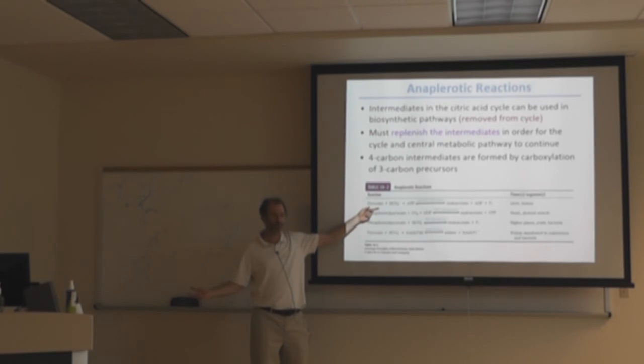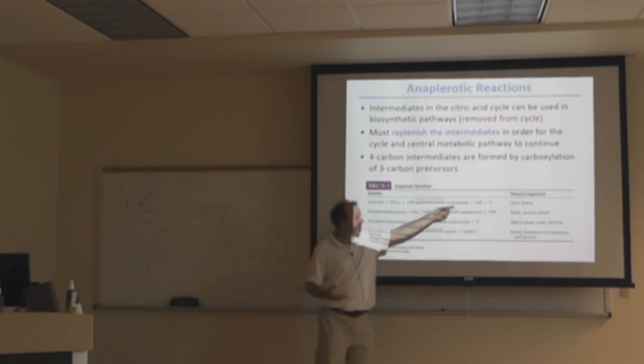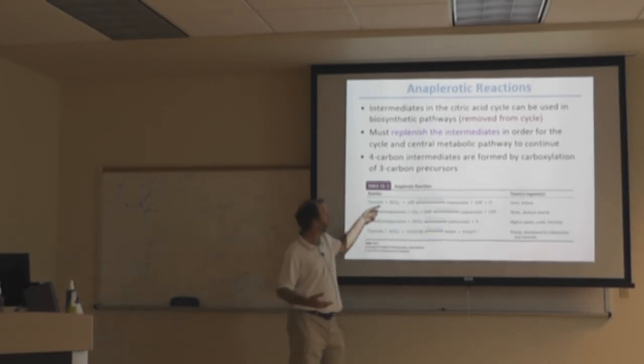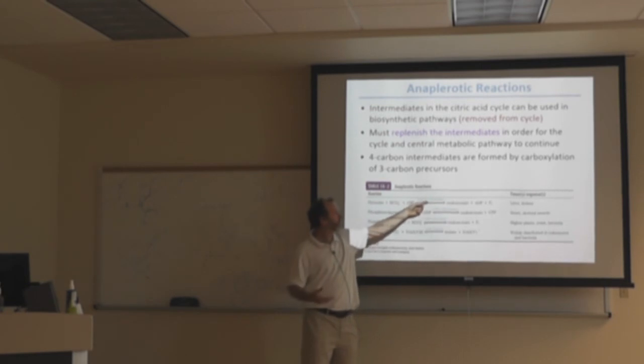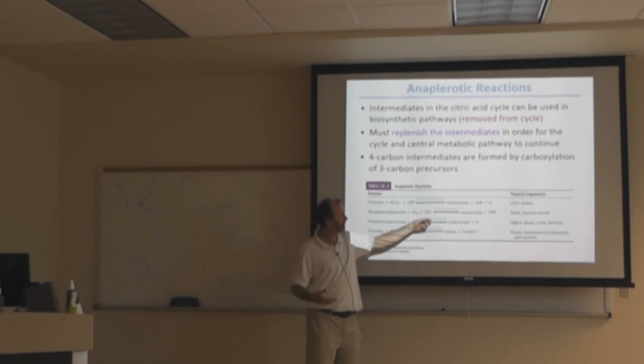The one we've seen before is pyruvate carboxylase, right? That's one of the first steps in gluconeogenesis. But if you're low on oxaloacetate, you need that to burn acetic acid to generate ATP. You can form oxaloacetate from pyruvate via pyruvate carboxylase.